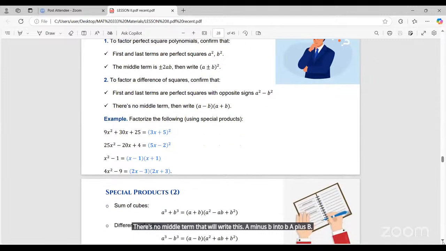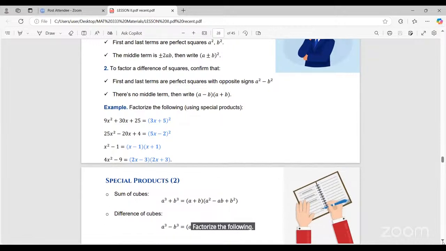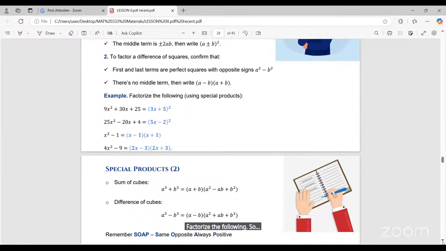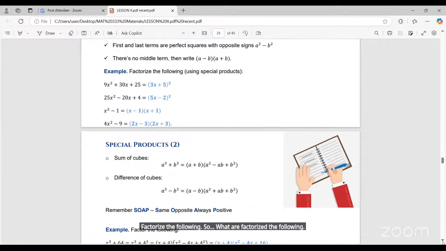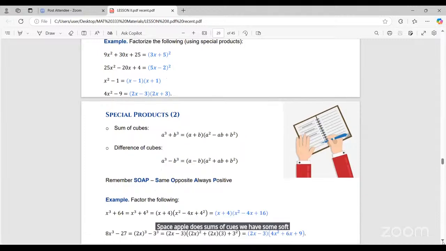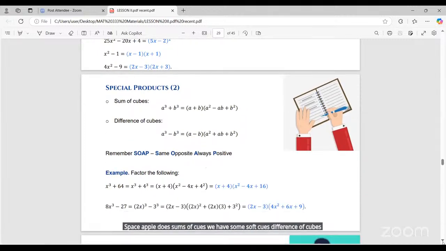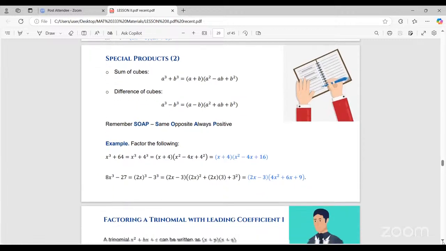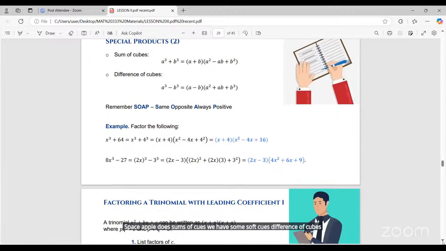Factorize the following. Special products: sums of cubes and difference of cubes. We have an example, factor the following: x cubed plus 64.